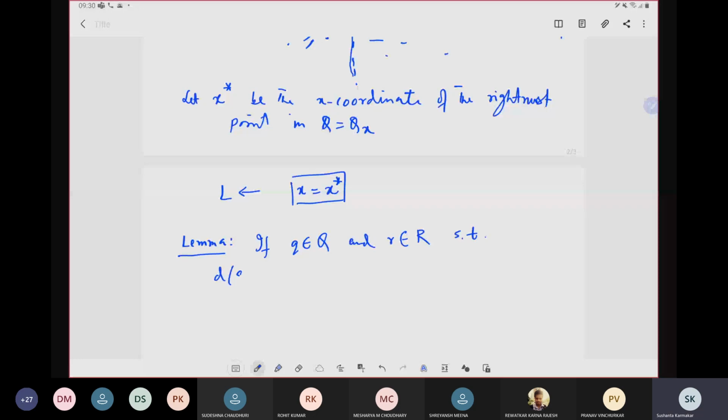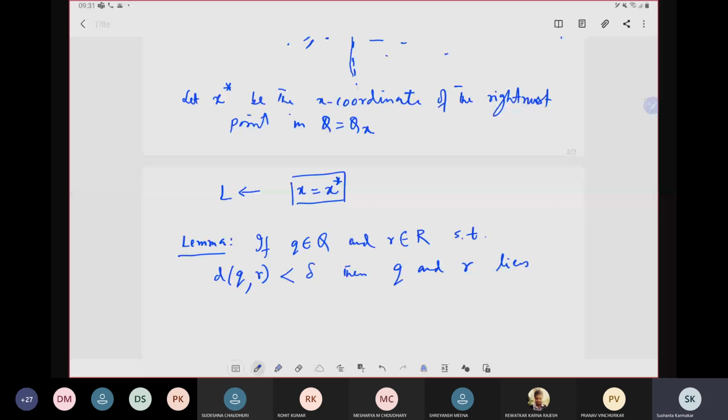If this happens, then q and r lie within a distance of delta of this line L.